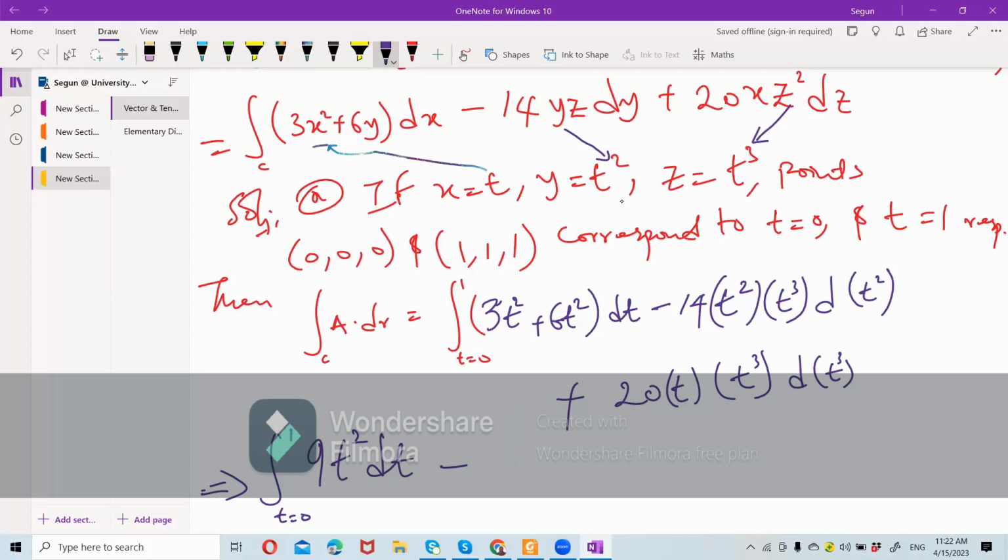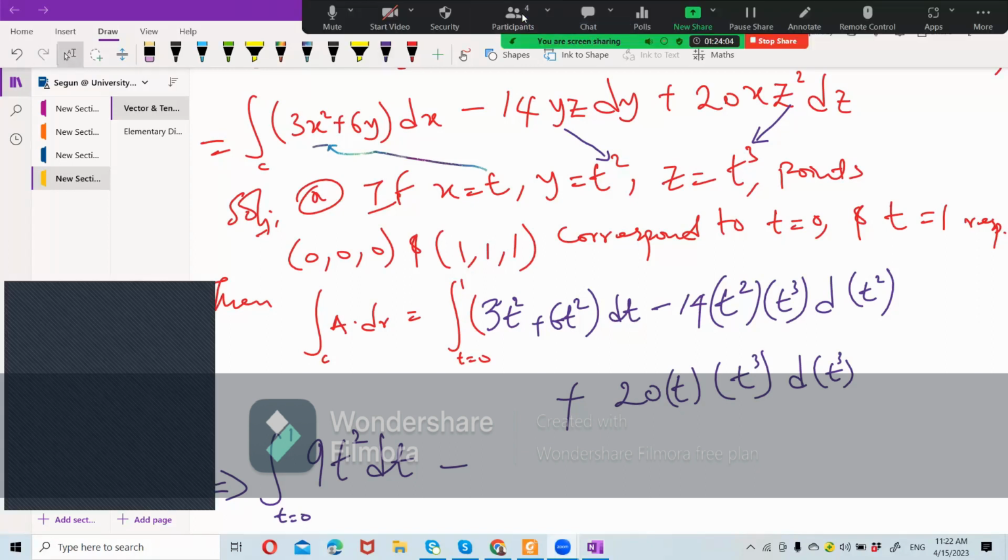Who can tell us what to do in this case? Yes, I'm waiting. What are we going to do? Anybody? Okay, should be 14 t raised to the power of 6, then the t squared. So how do we eliminate t squared? How?